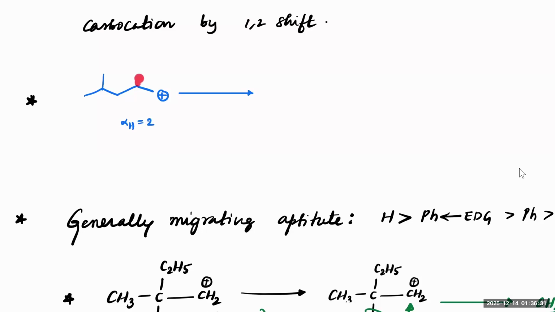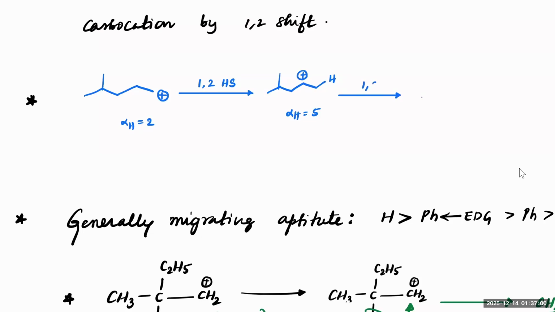Now, what if the positive charge, the hydride shifts from here to here? So, if a hydrogen will come at this position, positive charge can shift here. This is called 1-2 hydride shift. And now if you compare the number of alpha hydrogens, we are getting this as 5 because this side we have 3, this side we have 2. So it is progressively increasing, so there is no problem.